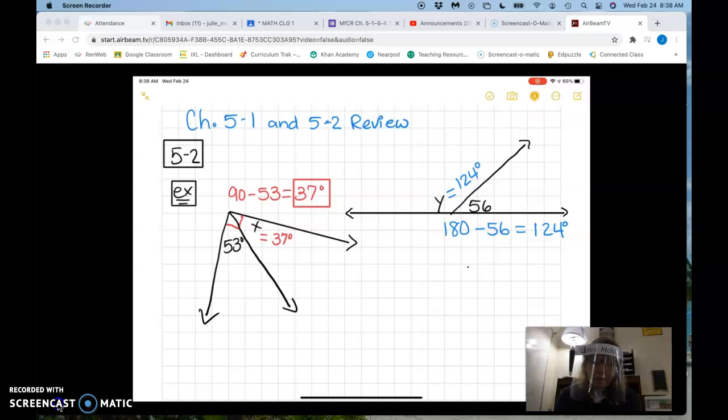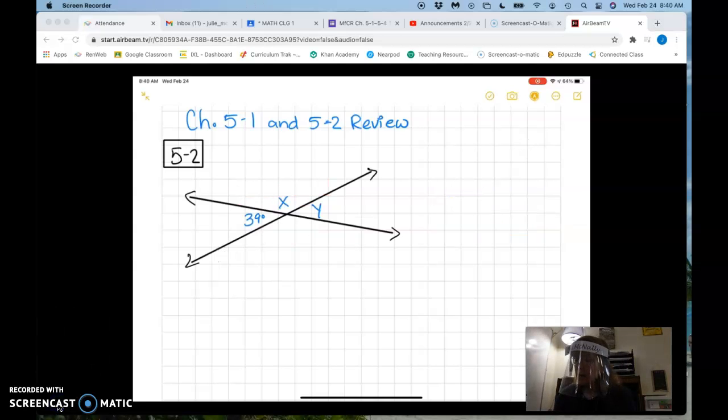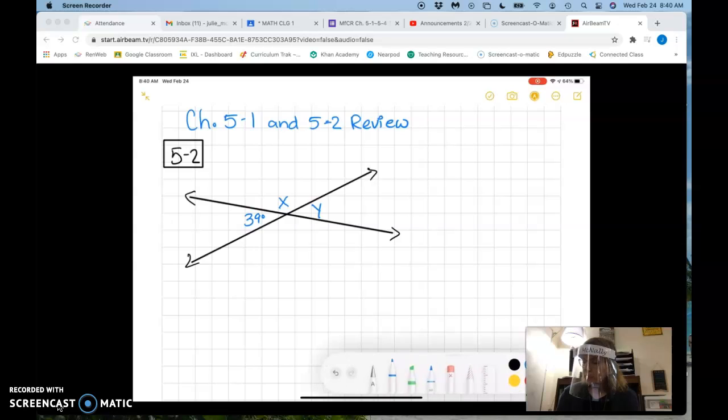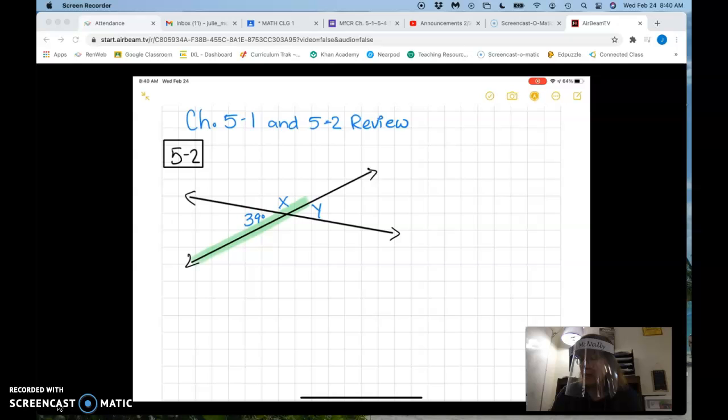Okay, so on this one, what kind of angles are we dealing with here? Okay, yeah. So in one case, I have supplementary angles because I have these two angles that add up to equal 180 degrees. Also, another way to look at it is that I have vertical angles.